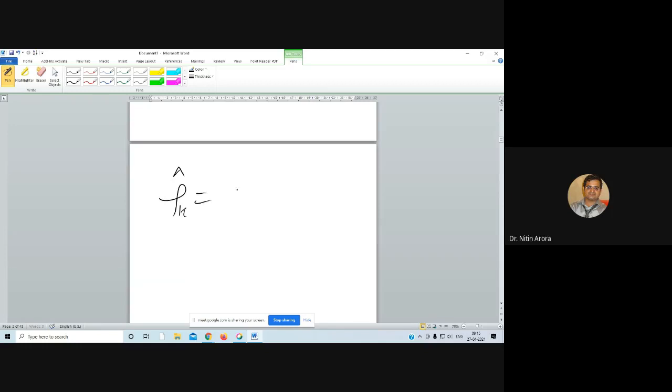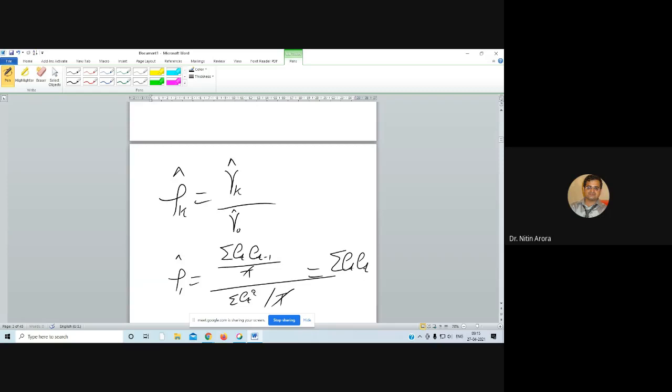rho k cap is equal to gamma k cap upon gamma naught cap, right? So rho 1, the autocorrelation of first lag, will be, tell me, what would be the formula? Summation et et minus 1 upon T whole divided by summation et square upon T. T and T will be cancelled out. Can I write it as summation et et minus 1 upon summation et square?